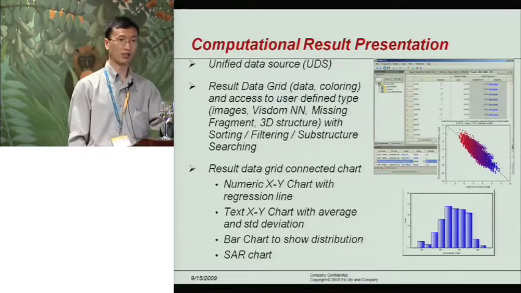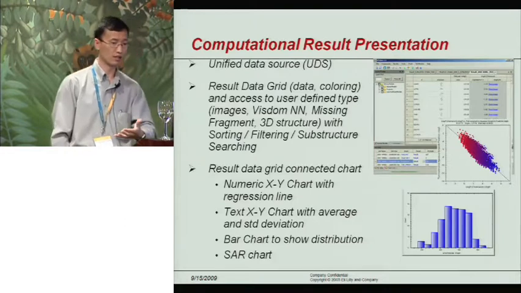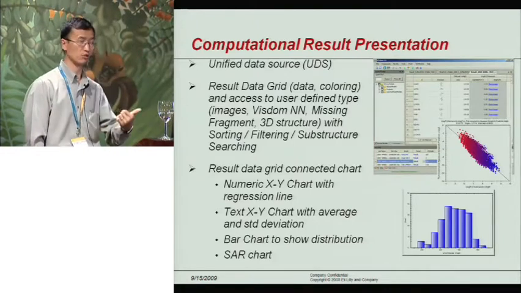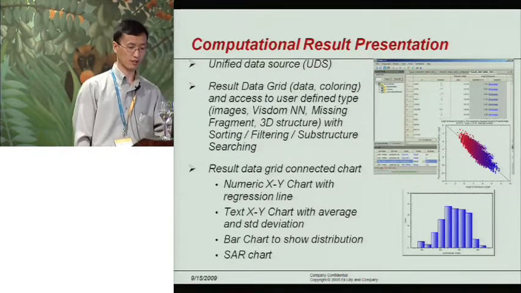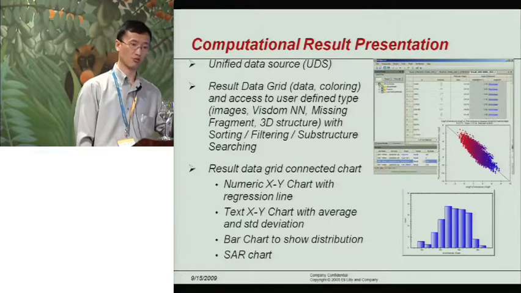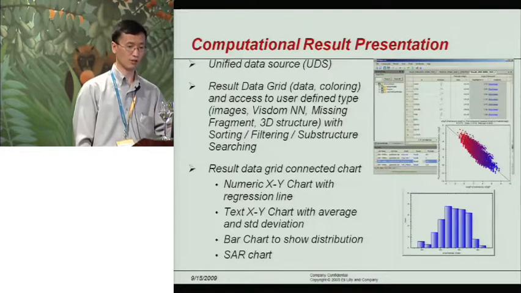Whatever you do on the data grid is reflected on the chart, and whatever you do on the chart is reflected on the data grid. And when you move your mouse over, the structure will be shown. So as a chemist, you know your structure, and you can see the response.